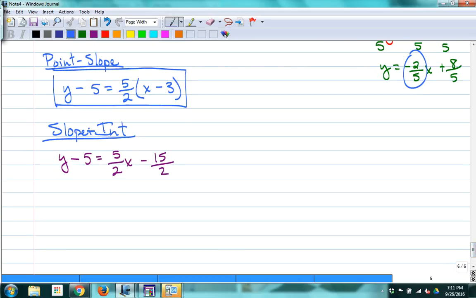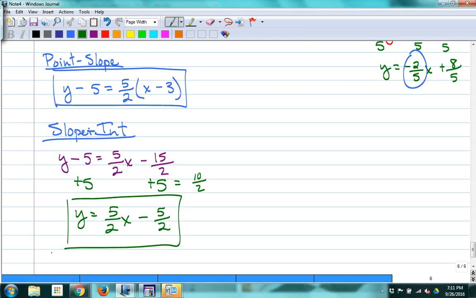Then I would add the 5. Plus 5. So that's 25, not 25, 10 over 2. And then it's negative 5 over 2. There's slope-intercept form.